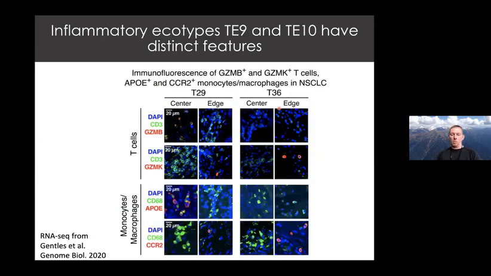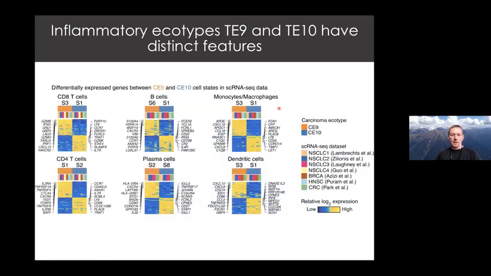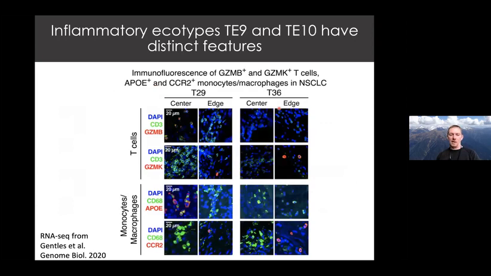In addition to the fact that there are these two different ecotypes, there's the whole question of what's different about them apart from the gene expression. Is there something different about the location of the ecotypes, for example? So we went back and looked at where some of the specific cell types from these two ecotypes actually occurred.